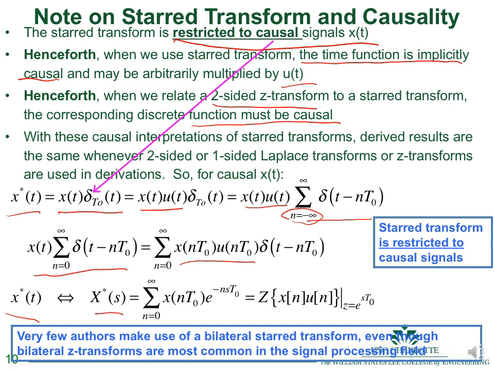And again, I could use minus infinity to infinity with the unit step. This is the Z transform of x of n u of n, x of n being the samples, which equals x of n T.